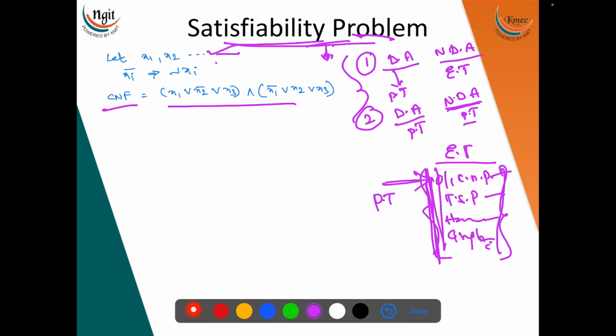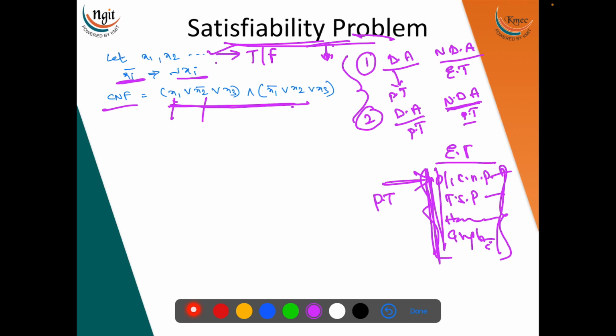When I say Boolean variables, the values of these variables are true or false. Now, let x̄i denote the negation of xi. A literal is either a variable or its negation. These are the literals.